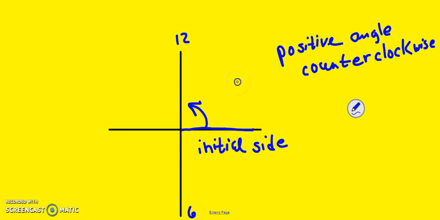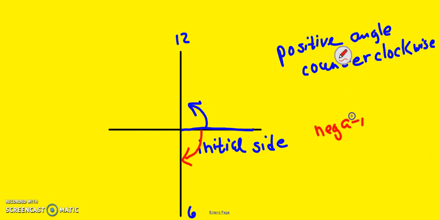But if we're going counterclockwise, the opposite direction, that's the positive angles. Now, if we start again from our initial side and go clockwise around this way, that's our negative angles.